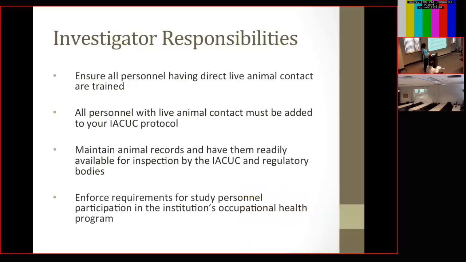And those records have to be up to date, complete, and available for inspection at all times, either by the IACUC or by our regulatory bodies that come and inspect us. And you're also responsible for the safety of the personnel in your lab, making sure that they've enrolled in the Tulane Occupational Health Program.